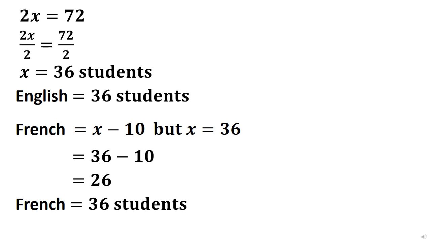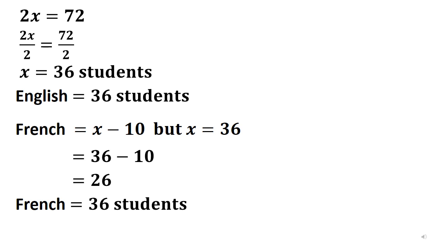So we have x, because 1x is the same as x. 72 divided by 2 is 36. So we have x equal to 36 students. And we know x is for English. Therefore, English is equal to 36 students.